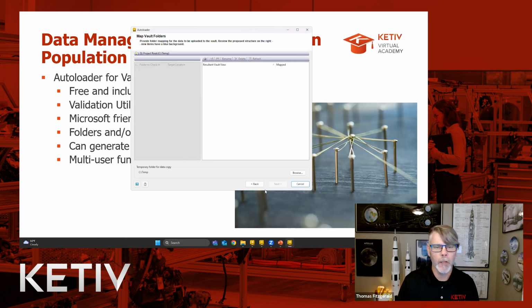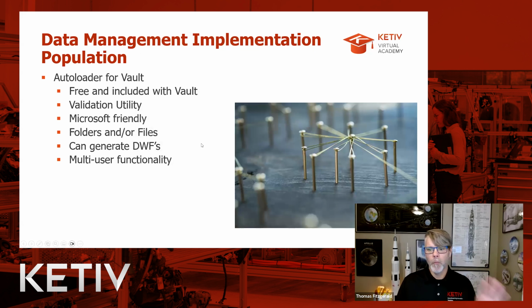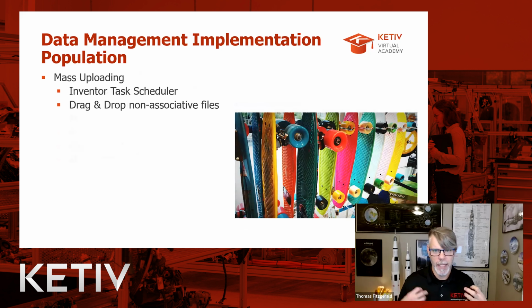Once you have yourself logged in, then you can start mapping where you want this information to go inside of the Vault, hit OK, it creates those DWFs, bulk uploads to Vault, and now you're well on your way. So really interesting utility in terms of being able to analyze information and bulk upload your information inside of the Vault. Okay, so I love pointing out Autoloader because, like I said before, it's free and available to anybody that wants to use it when it comes to loading information into the Vault.